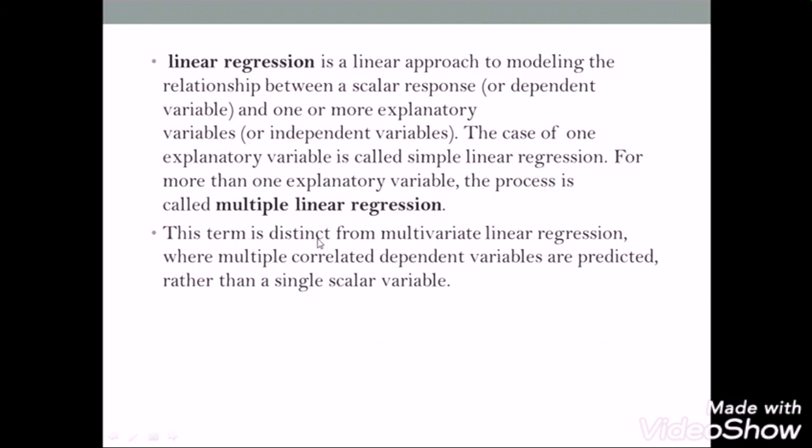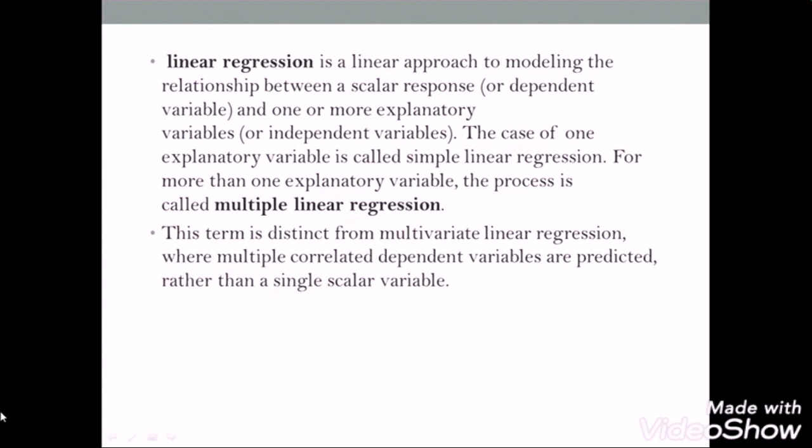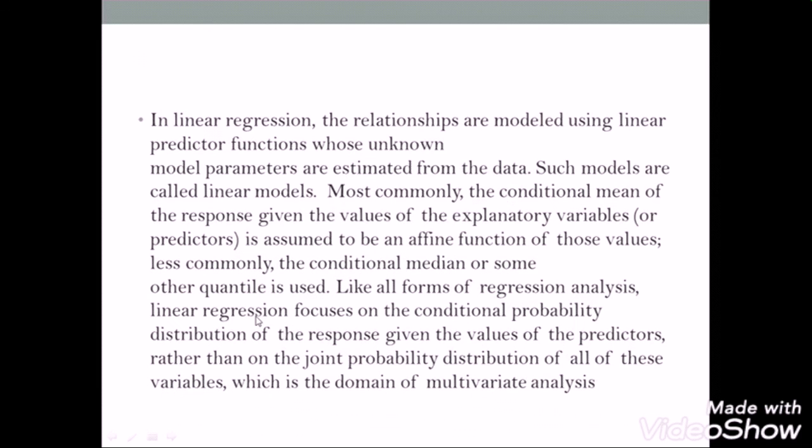This term is distinct from multivariate linear regression, where multiple correlated variables are predicted rather than a single scalar variable. Also, in linear regression, the relationships are modeled using linear predictor functions whose unknown model parameters are estimated from the data.